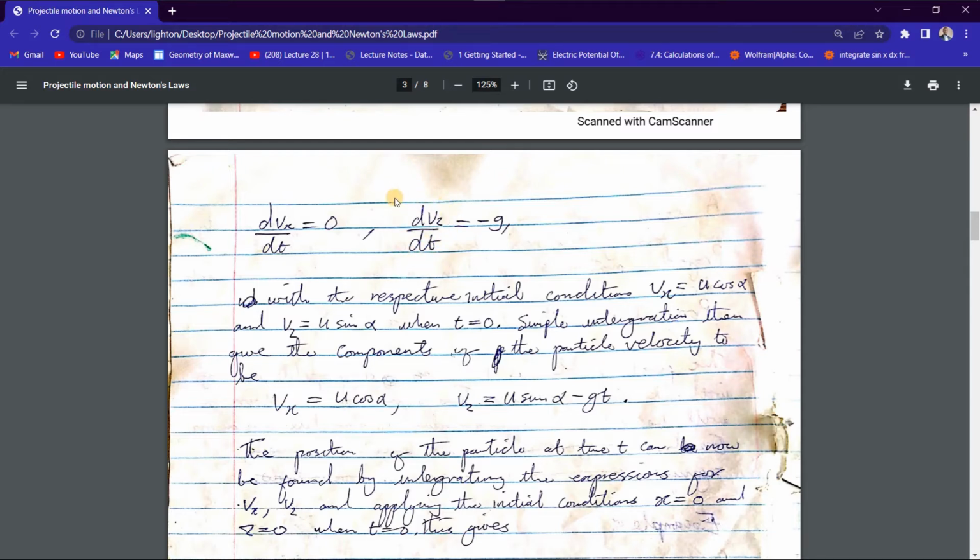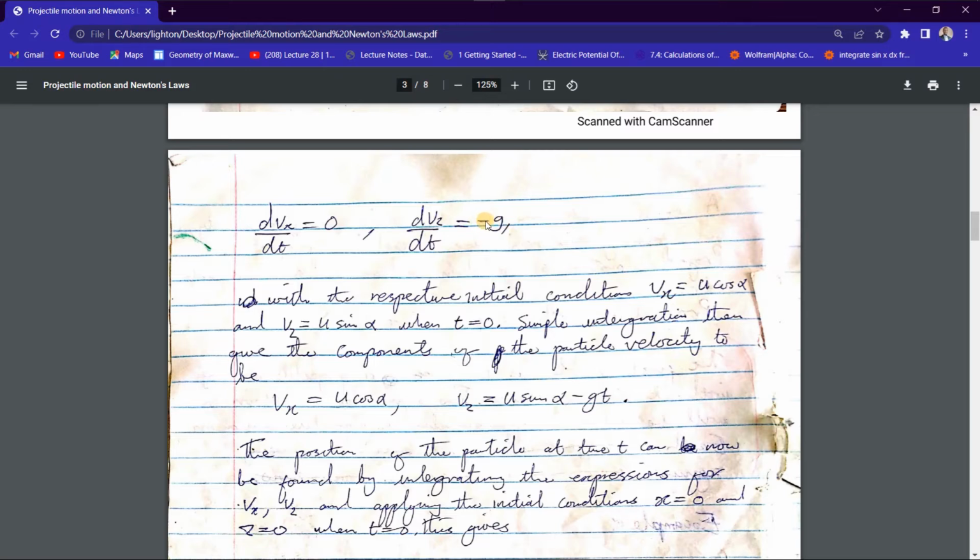This is the vertical component of acceleration, and we know that in the vertical plane, the only acceleration which acts on it is gravity, which is g here. We know that gravity acts in the vertical plane. That's the only component of acceleration which acts on the vertical axis.